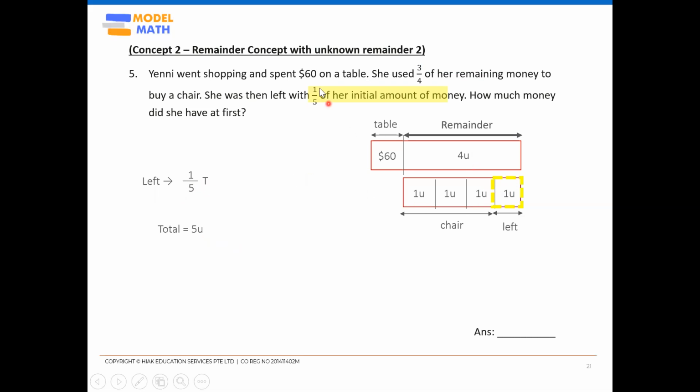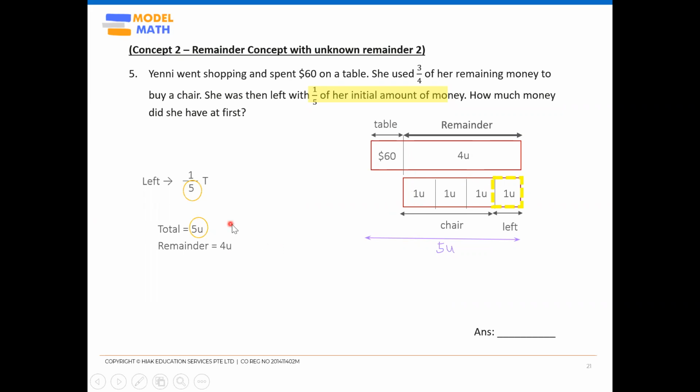Since the 1U left and 1U left are already the same, you can safely rely on this denominator as your total units, which is 5 units. So from here to here, this is 5U, and my remainder is 4 units.